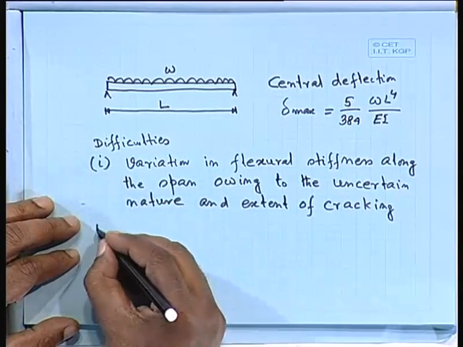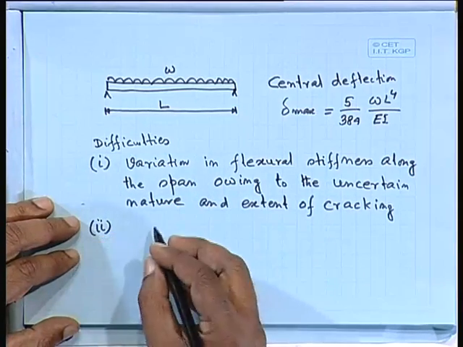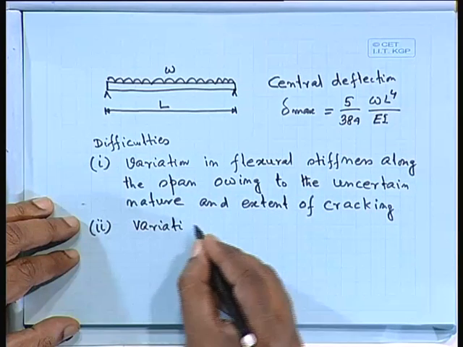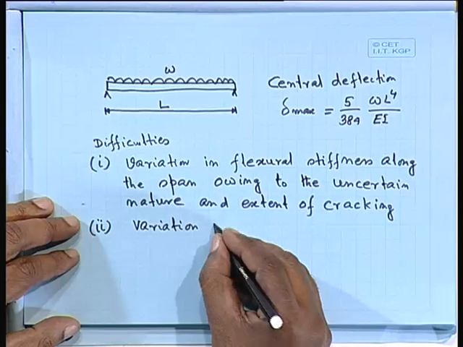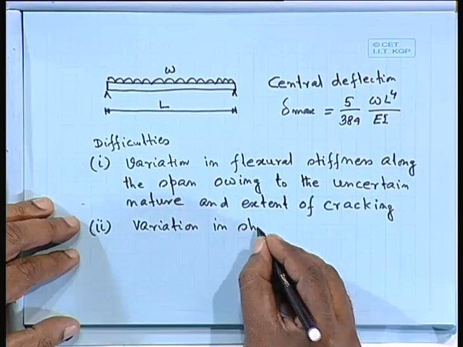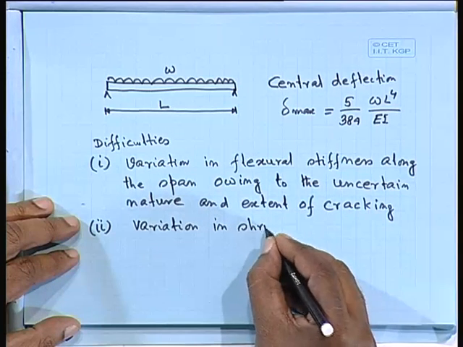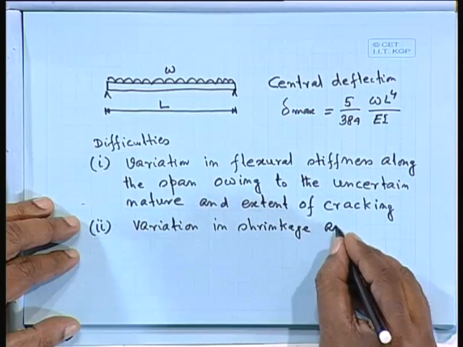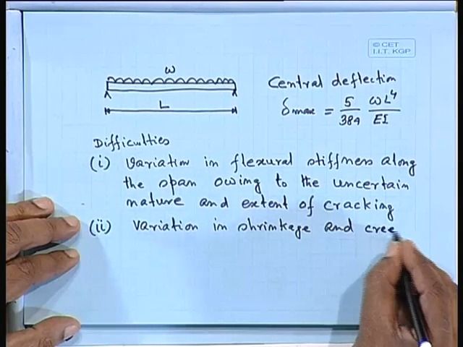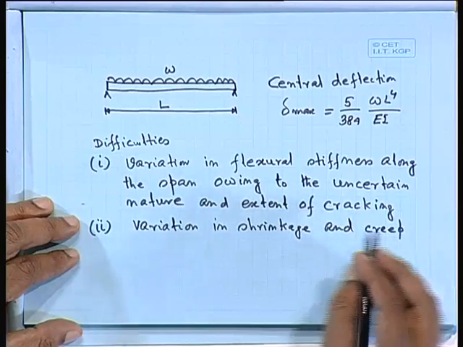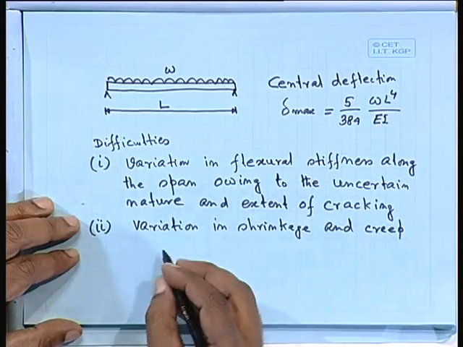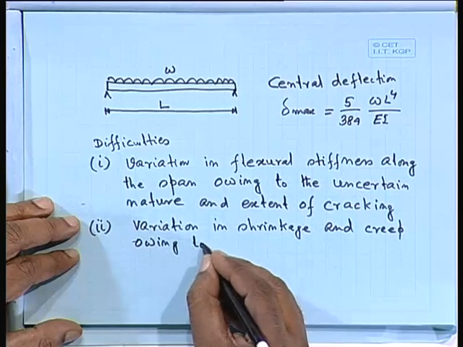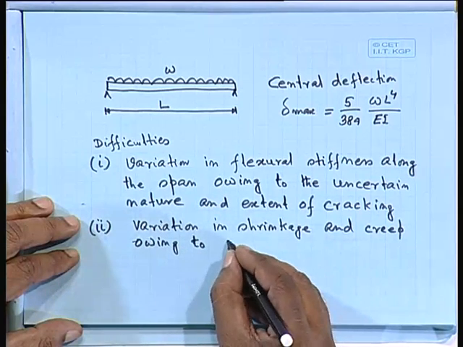Number 2, variation in shrinkage and creep. These are the two properties we mentioned in the very beginning of our class. Owing to what does it happen?